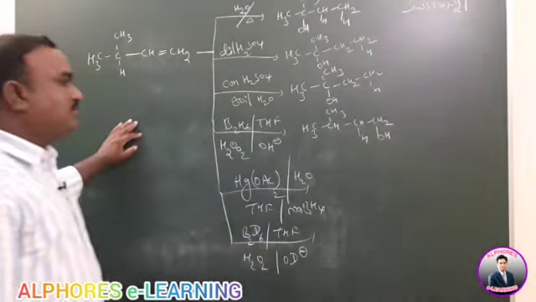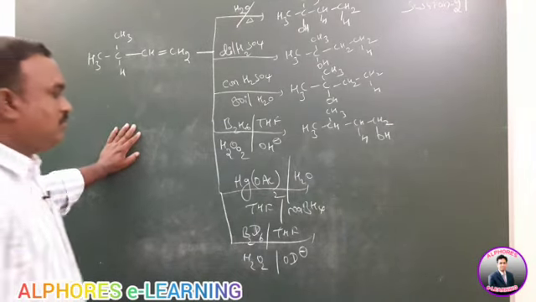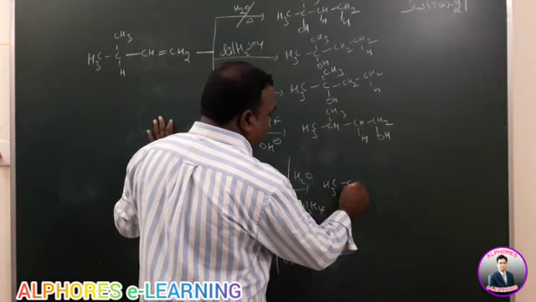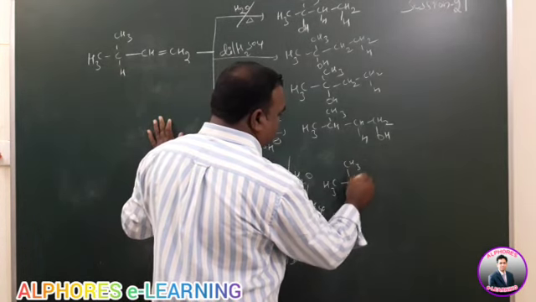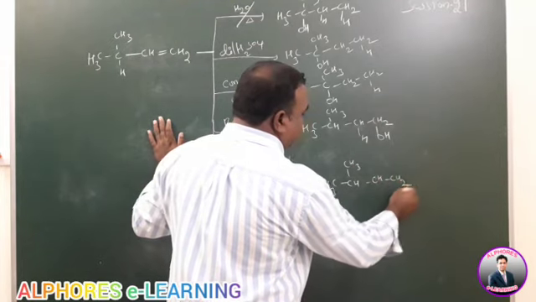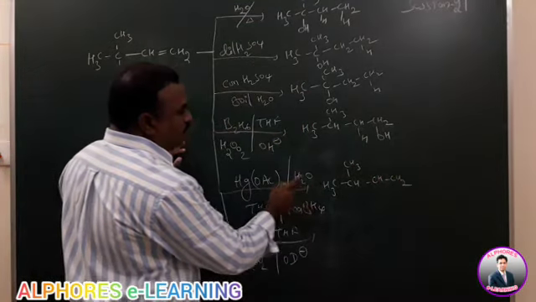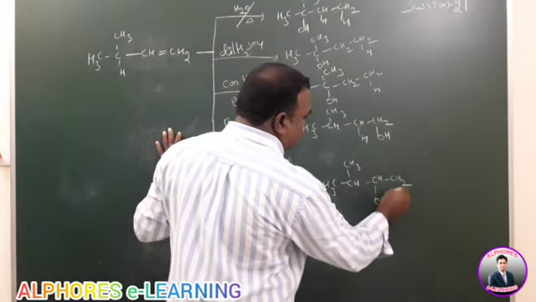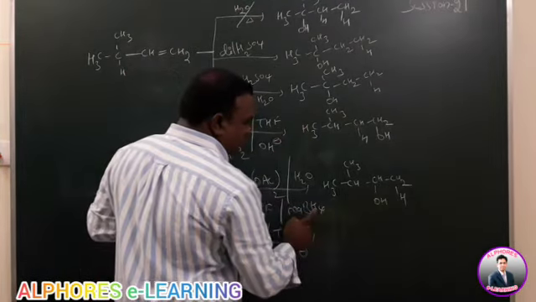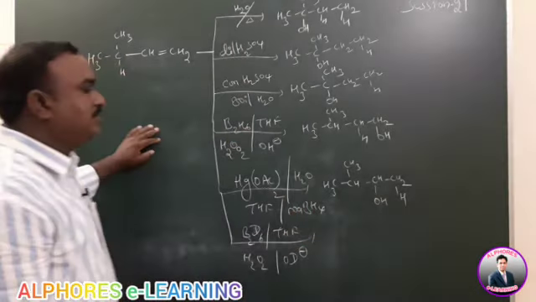Oxymercuration-demercuration reaction is similar to that reaction. Which one? Hydroboration reaction has no chance to get the rearrangement, but here the nucleophile is added here and H plus is added here. So HgOAc is replaced by incoming hydrogen.